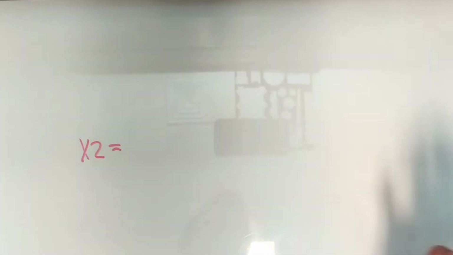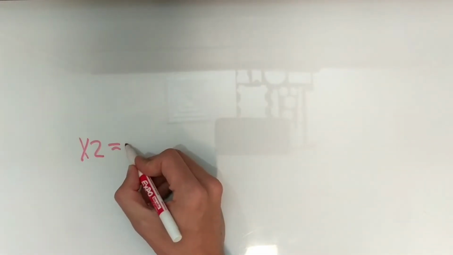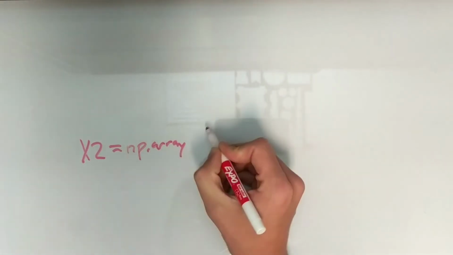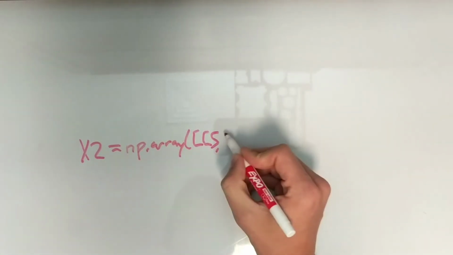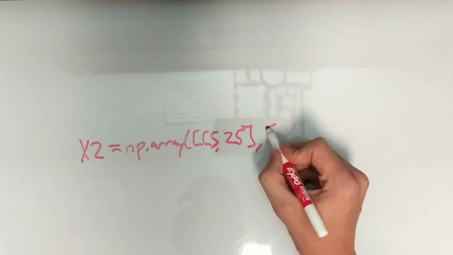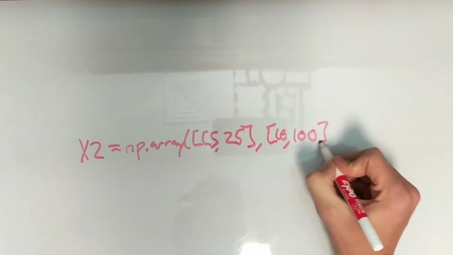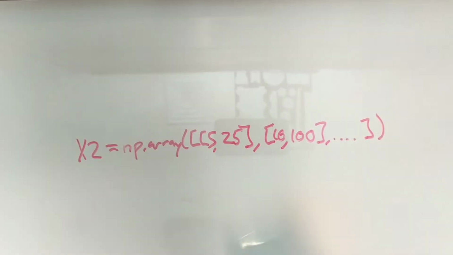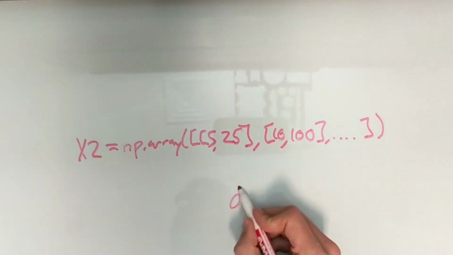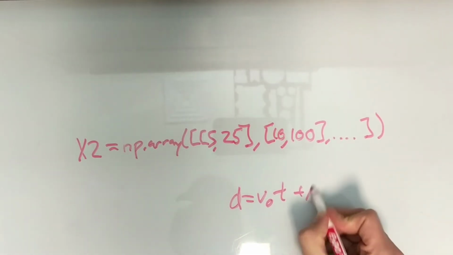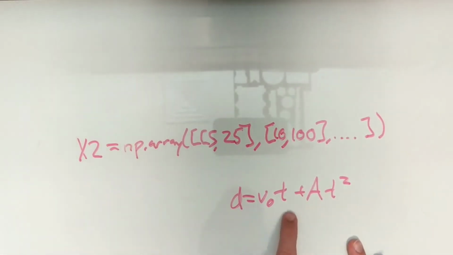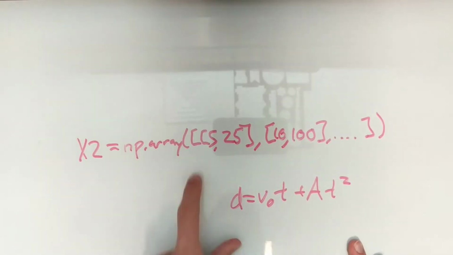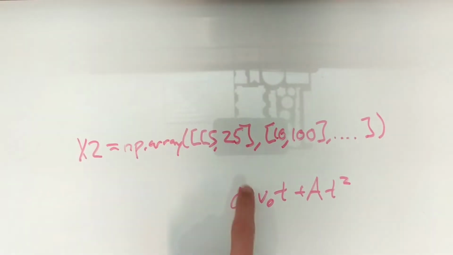And so I think the biggest first thing is when defining our x2, rather than saying like 1, 5, 1, 10, the reason why it's defined as 5, 25, 10, 100, and so on, is because if you refer back to our equation that we're using, d equals v naught t plus a t squared, we have this t here on the left side of our plus sign, which is going to be our 5, 10, 15, so on, and our t squared, which will be each of those squared, so 25, 100.